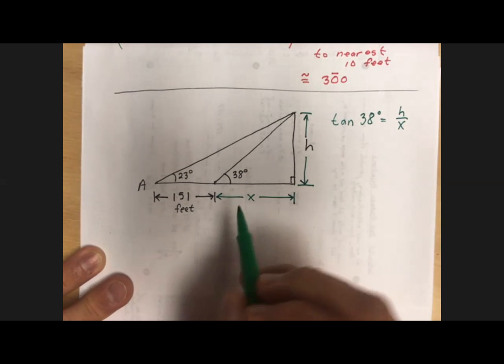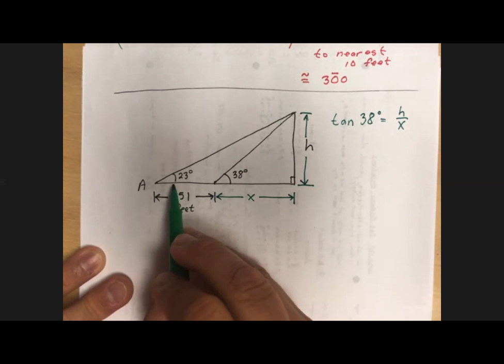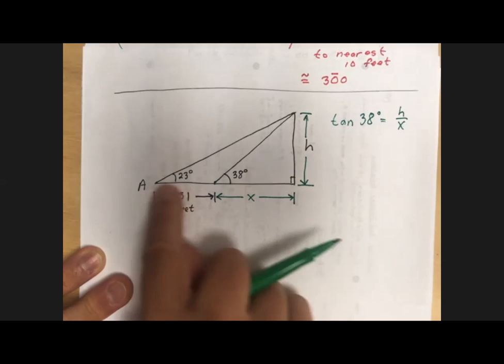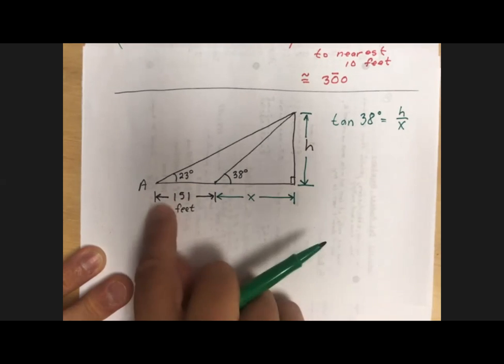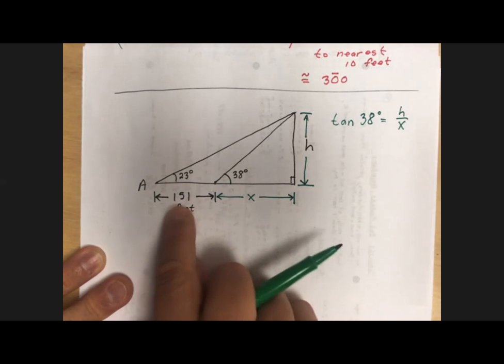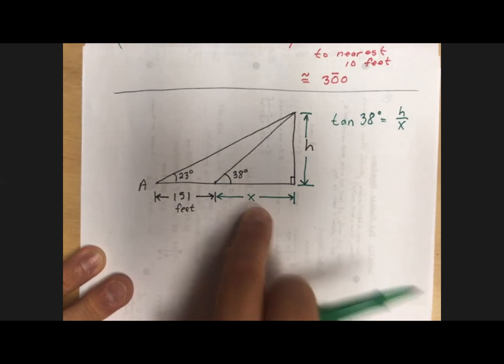But what else do I know? I know that the tangent of 23 degrees is h over this long distance. What is this long distance? I don't know it exactly, but it's x plus 151, whatever x is.